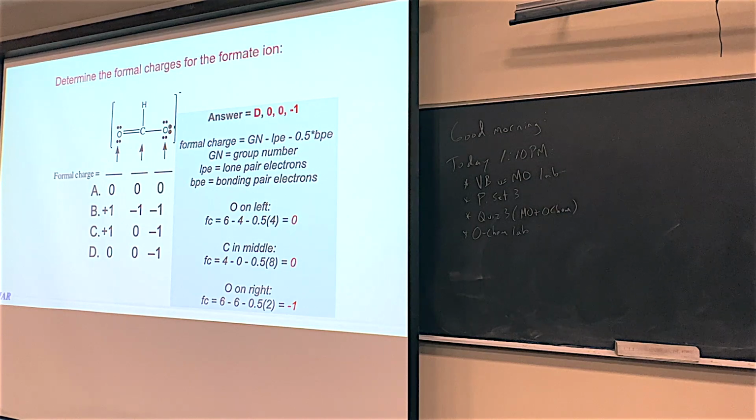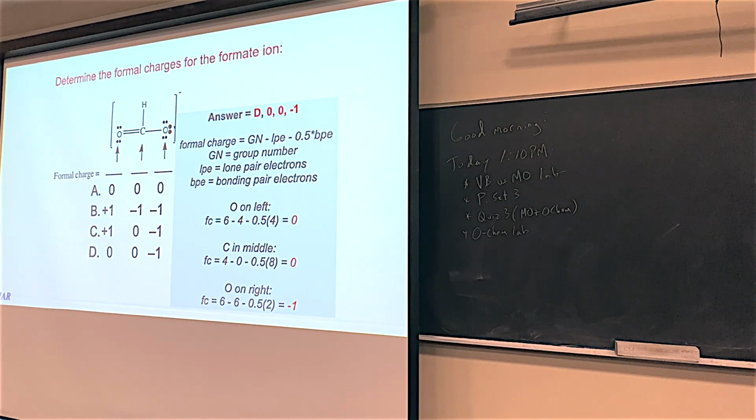And what everybody was figuring out, which is really cool, is 0, 0, and -1. Carbon has 1, 2, 3, 4, and that's what it wants, so it's 0. Oxygen, 2 lone pairs, 2 bonding pairs, so 6 minus 4 minus 2 is 0. But this oxygen, 6 minus 6 minus 1 is -1.